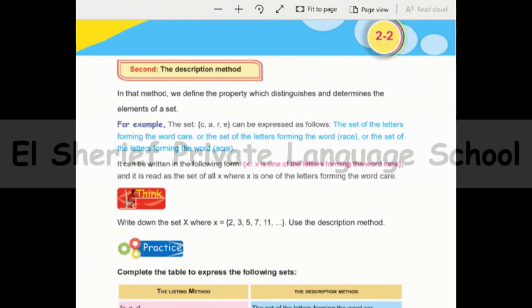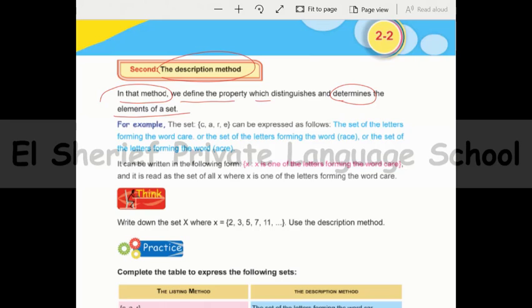The second, the description method. In that method, we define the property which determines the elements of a set.